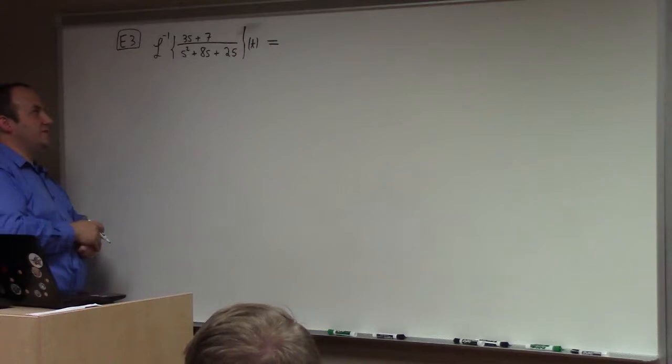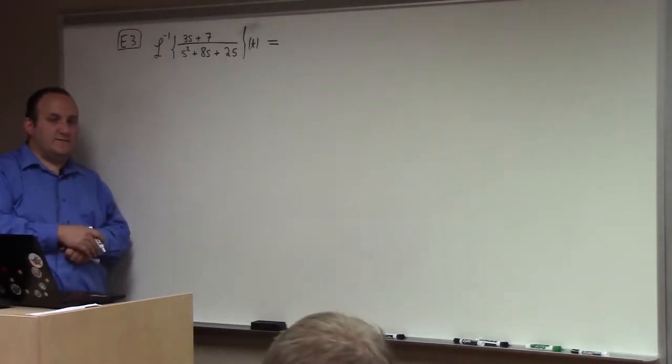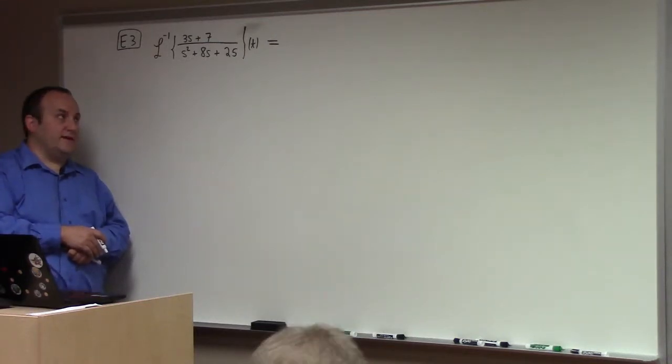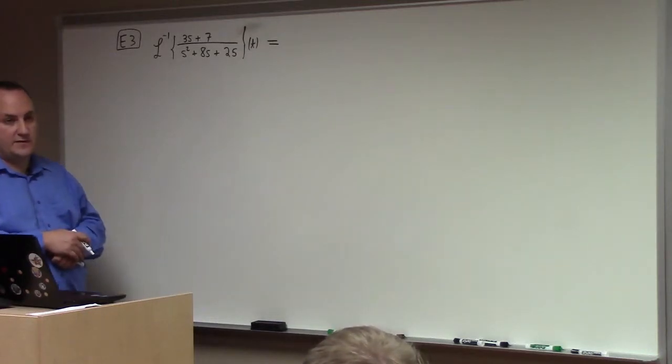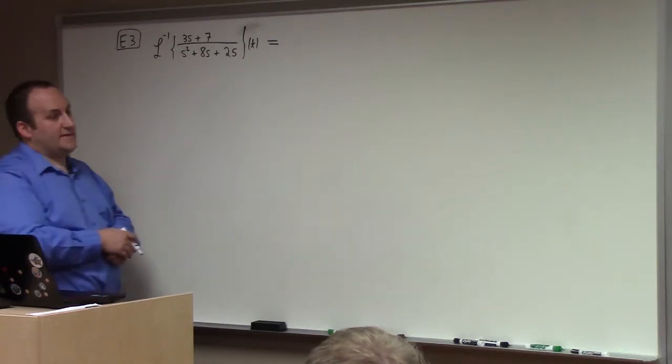So the first order of business, anytime we've got a linear over a quadratic, we have to understand what kind of denominator we're dealing with. All right? If it's a distinct linear, if it factors over the reals, then the technique we used in example 2 will work. We can do partial fractions like we just did. This is not that, though, right?